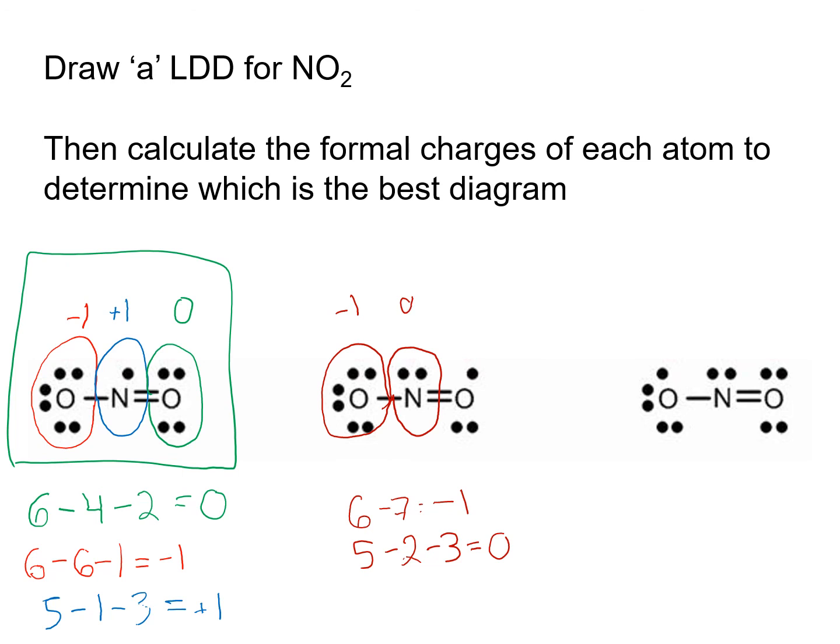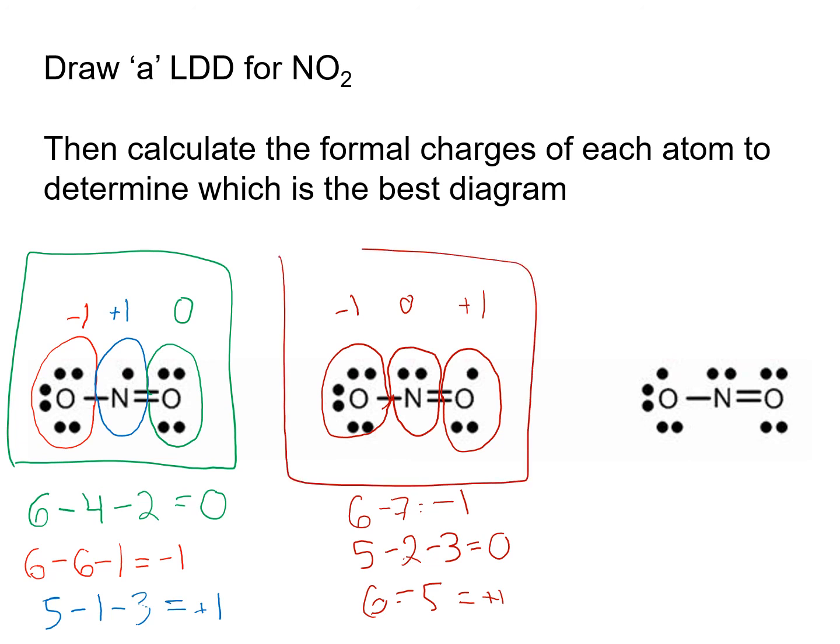So nitrogen has a formal charge of 0 in that one. And in this one, I've circled the electrons that I have to subtract from the valence. I've got 6, and I've circled 1, 2, 3, 4, 5. So that is going to be +1. So this one has formal charges of -1, 0, and +1. So it's no better than the first option.